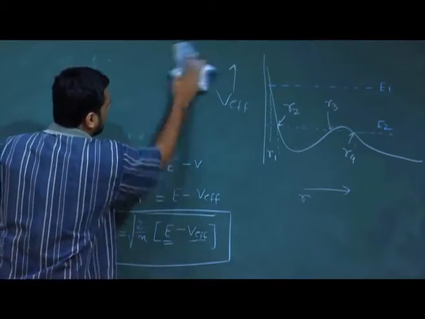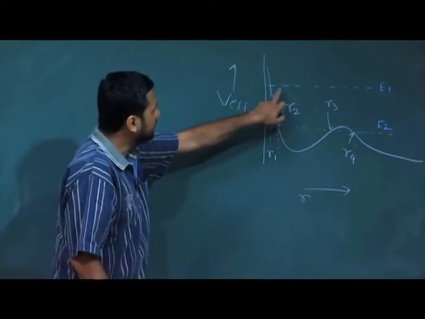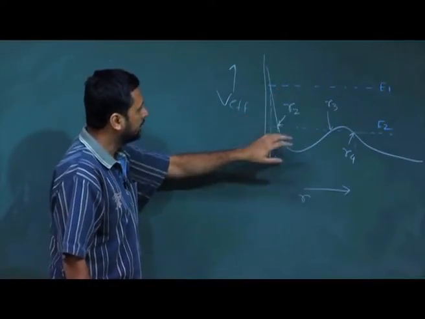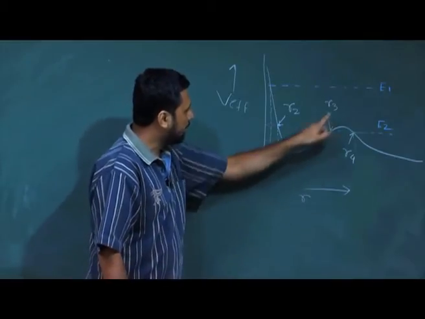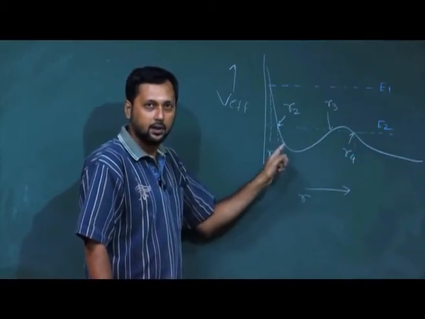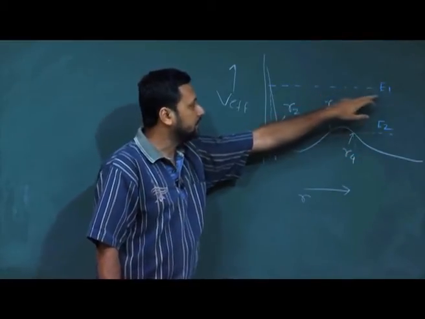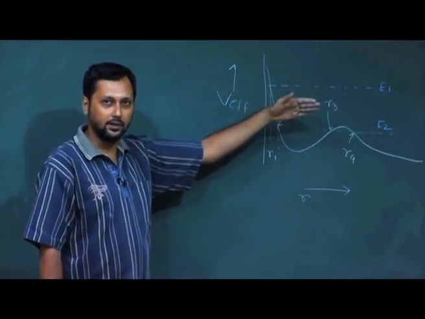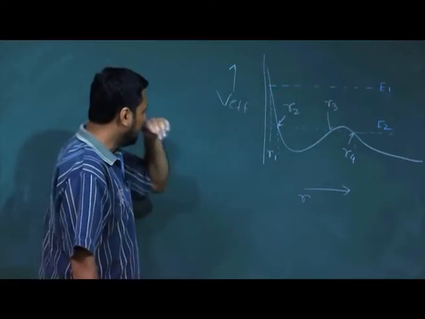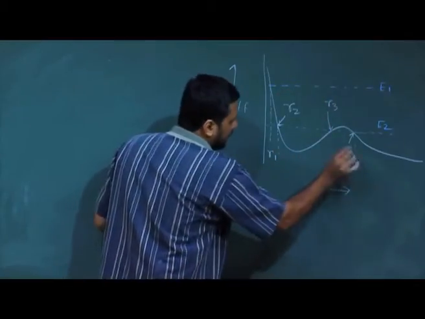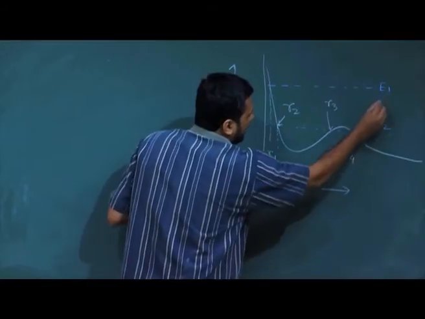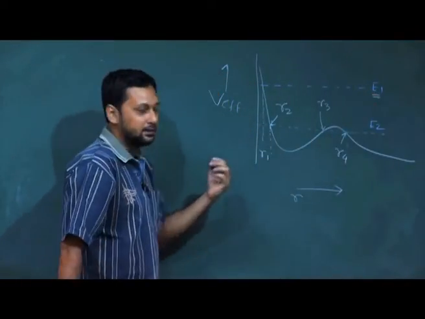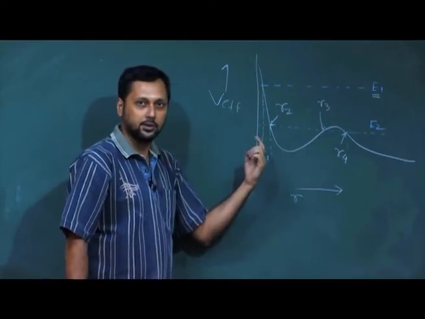Examine the case E equal to E1. Energy is sufficiently high. What I mean by sufficiently high is, there are some ups and downs in this potential, but the particle which comes with an energy E1 does not see all this. The energy is too high, so the particle does not feel that there are ups and downs in this potential.